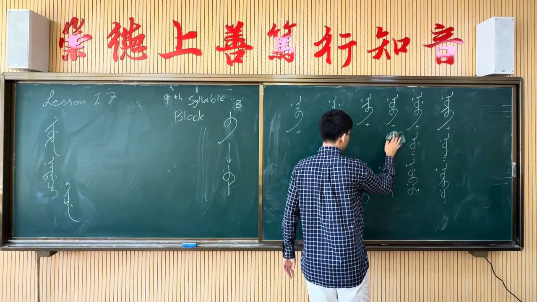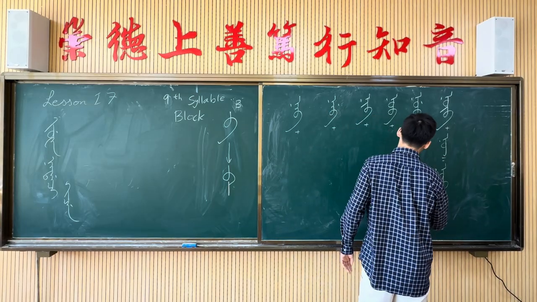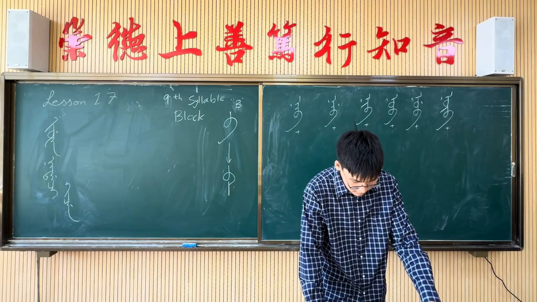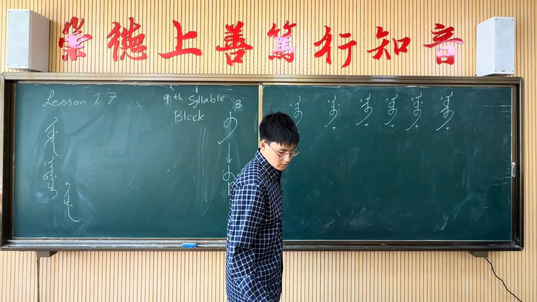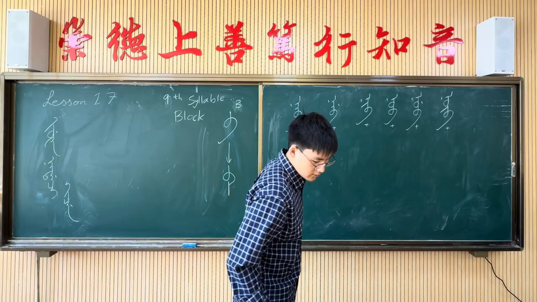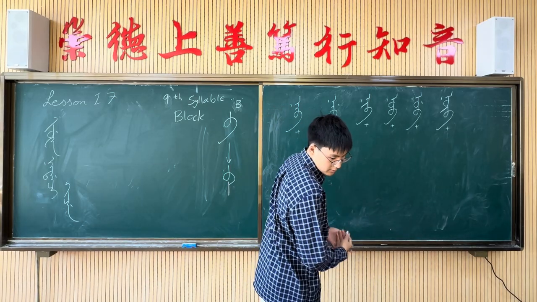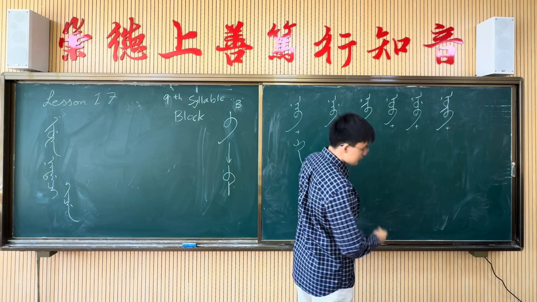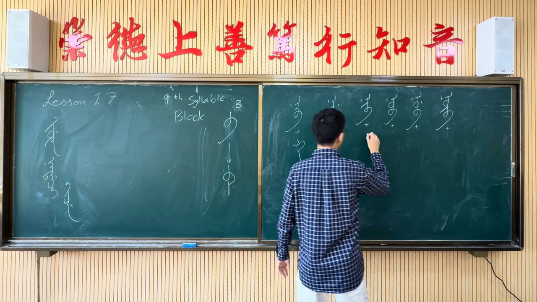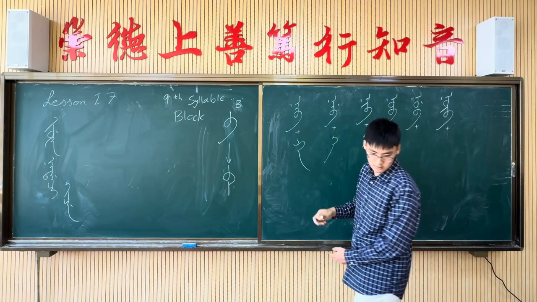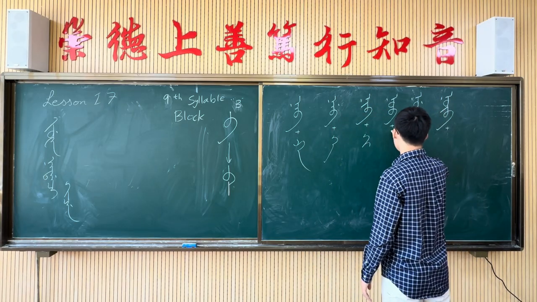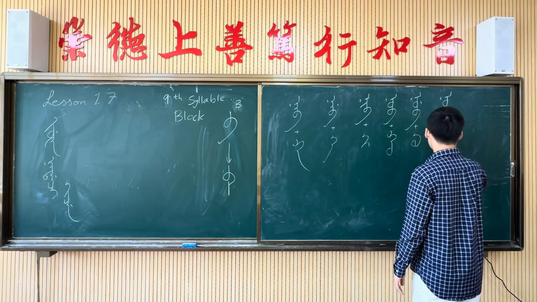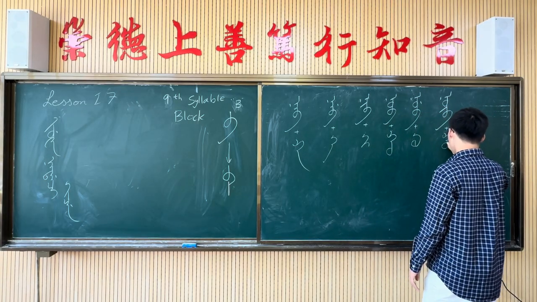Okay, so nab plus ka, nub plus ke, nib plus ki, nob plus ko, nub plus ku, and nuob plus quo.